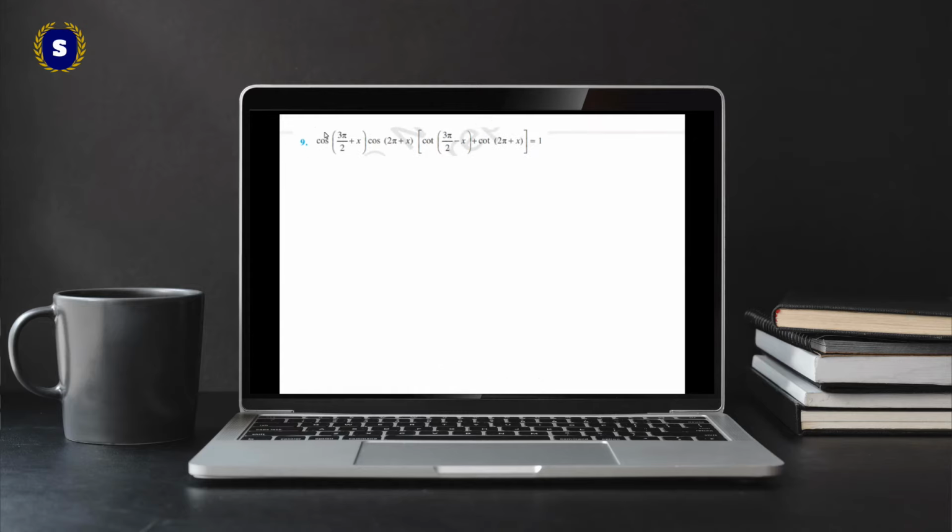LHS is equal to cos(3 pi by 2 plus x) into cos(2 pi plus x), whole bracket, cot(3 pi by 2 minus x) plus cot(2 pi plus x). A bit complicated question, not a problem.